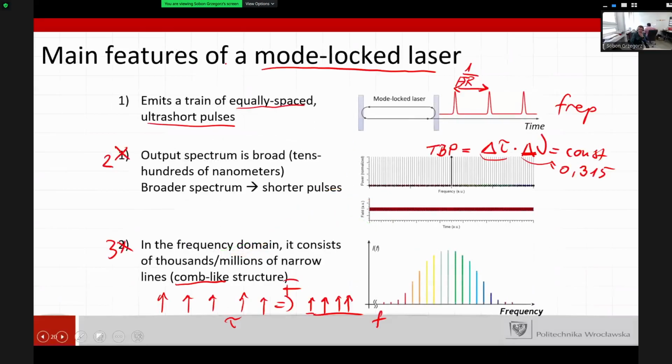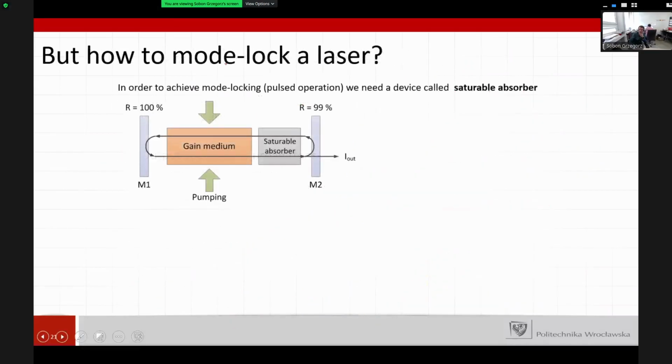It turns out that this is relatively easy. There are many ways to obtain this synchronization of phases, but in general, we need a mechanism or a device which is called a saturable absorber, which we place inside the resonator.